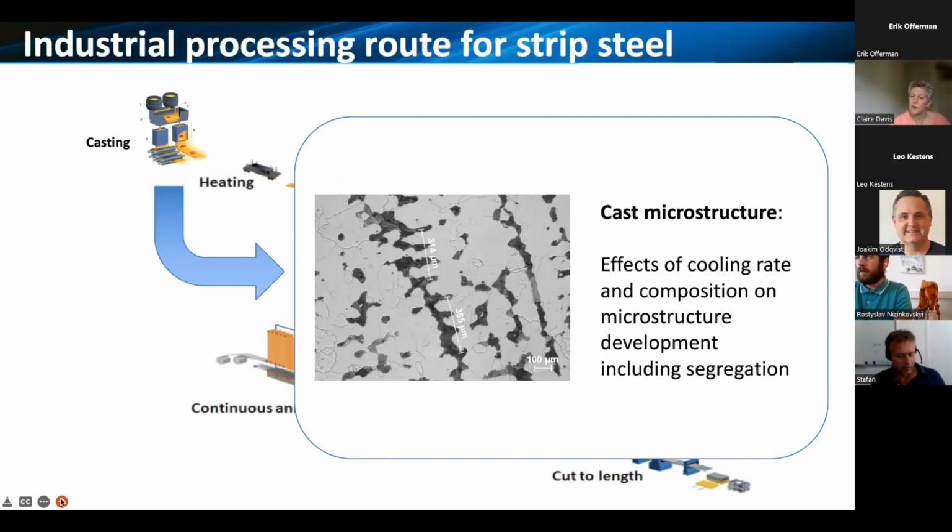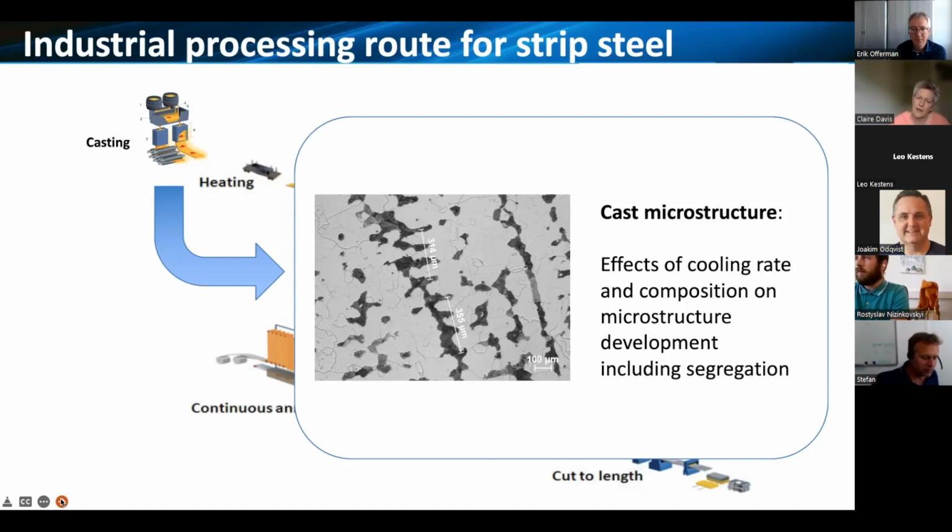Then from a microstructural point of view, I'm very much going to focus on microstructural developments as we go through the processes. And from a microstructural viewpoint, we need to be aware and take into account the effects of cooling rates, which of course depend upon the casting technique that is being used, and the composition of our steel for the microstructural development, and particularly the aspect of the microstructure that will affect subsequent microstructural transformations or formations, which will be segregation.